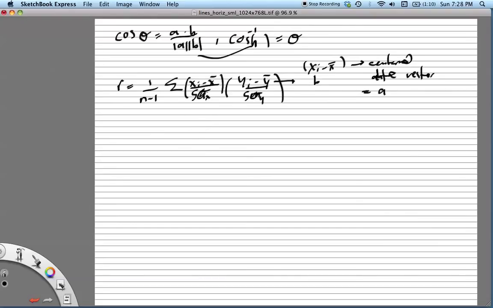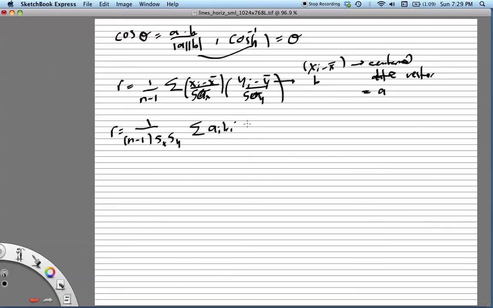First of all, these sample standard deviations are constants, so they can come out of the summation. So I want to write something like 1 over n minus 1 times sx times sy, times the sum of ai bi.